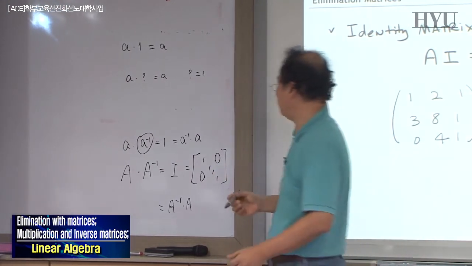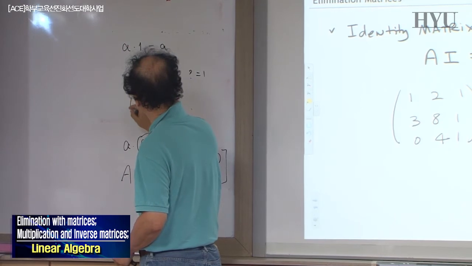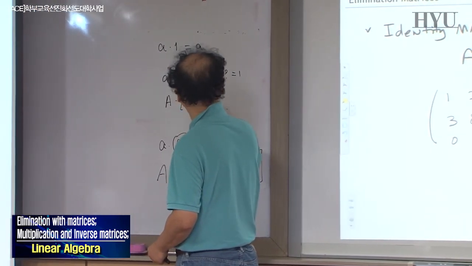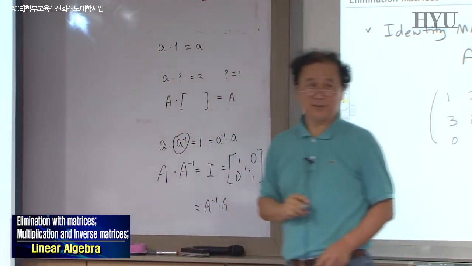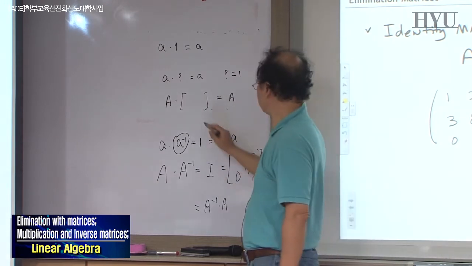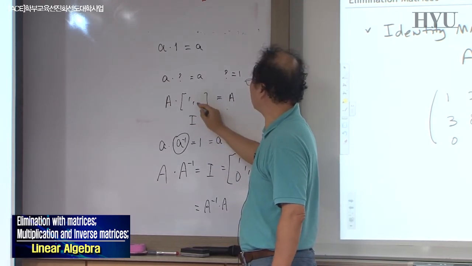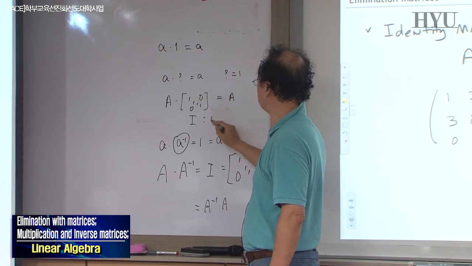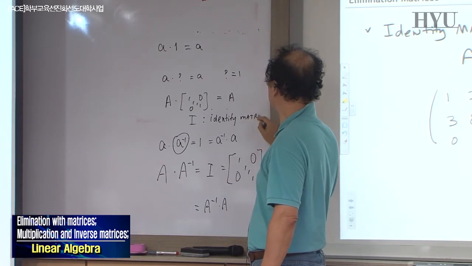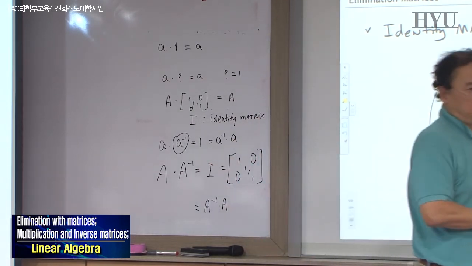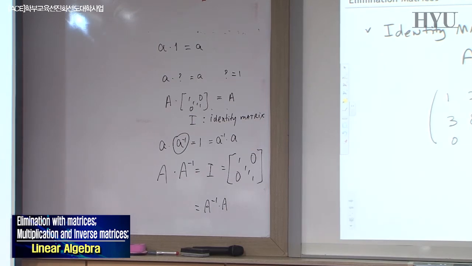Then the same thing here: A times this is A. This is called the identity matrix, with all the diagonals 1 and the others 0. If you don't trust me, you can try it out, just with the diagonals 1 that you can compute.